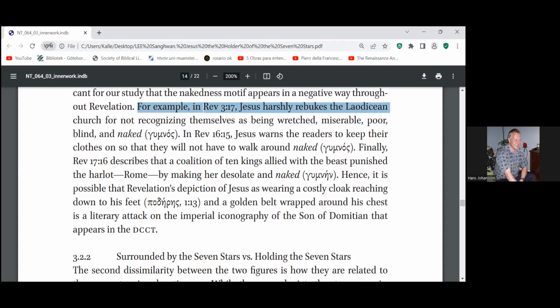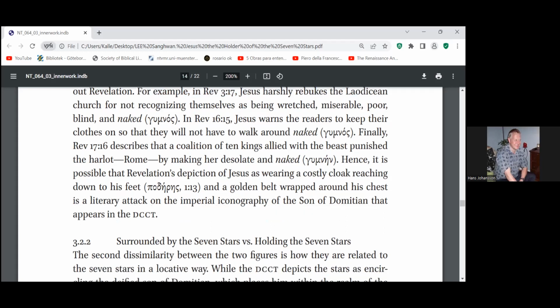For example, in Revelation 3:17, Jesus harshly rebukes the Laodicean church for not recognizing themselves as being wretched, miserable, poor, blind, and naked.